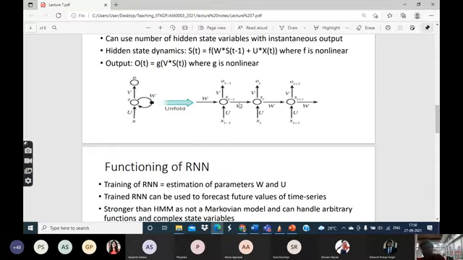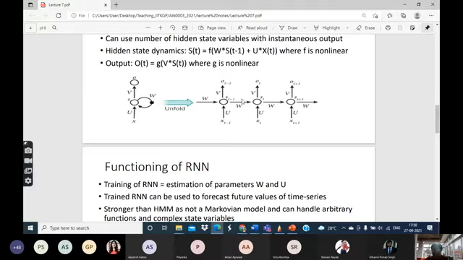That means you calculate a gradient at time t plus 1, based on that you calculate the gradient at time t, then based on that the gradient at time t minus 1, and so on. So you are doing successive differentiations, as you do in a chain rule, and in a chain rule you have to keep on multiplying many things.